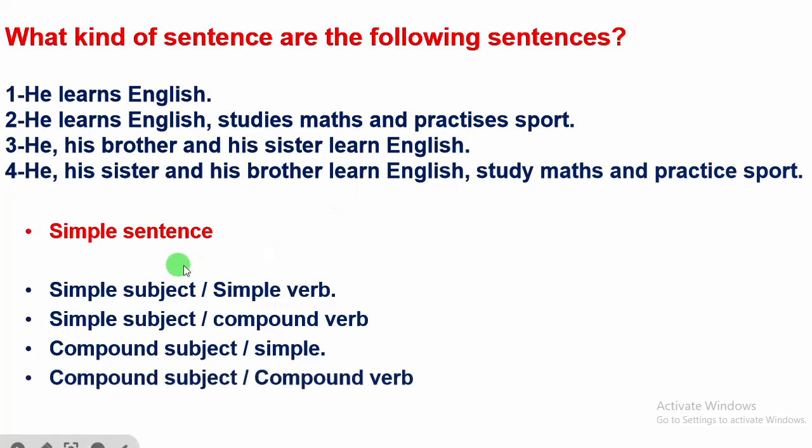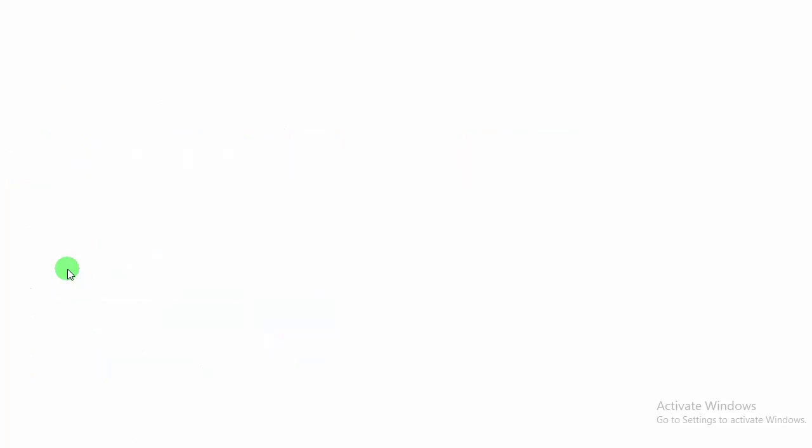In the fourth sentence, we find the compound subject, he, his sister, and his brother, and the compound verb, which is learn English, study math, and practice sport. All of them are classified as simple sentences. So, to move on to the next.